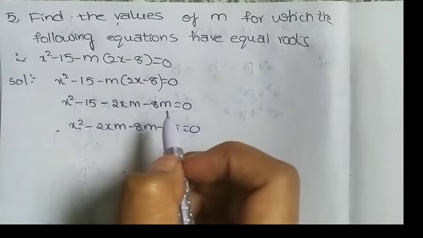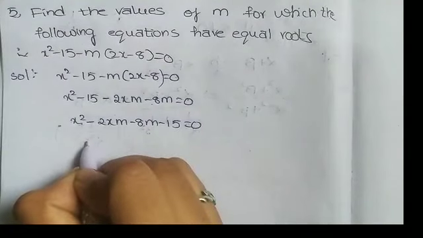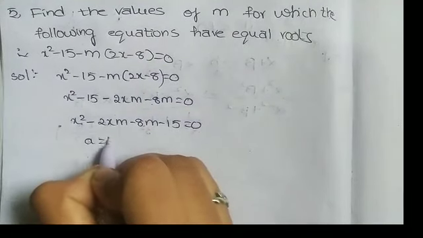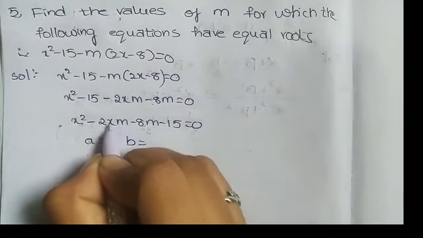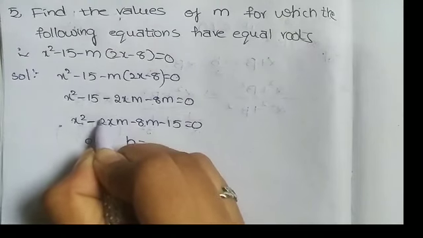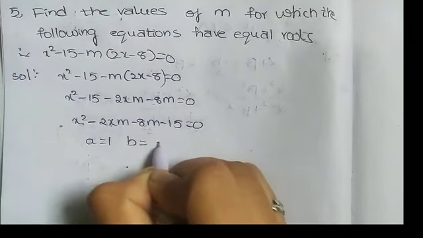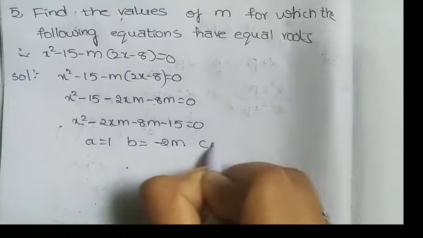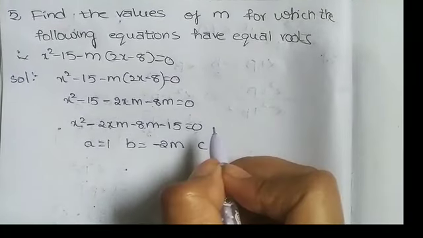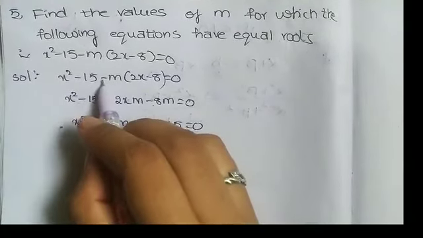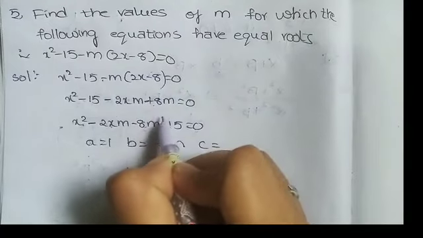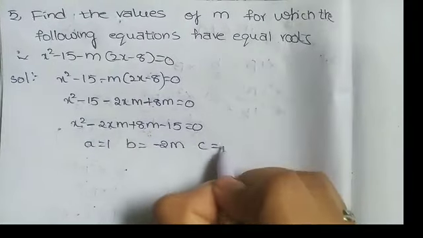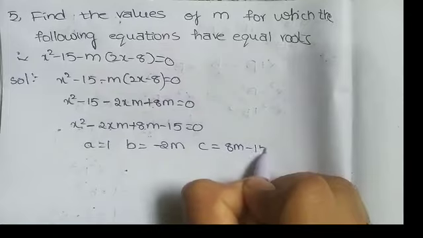So from this, a is equal to 1, b is equal to the coefficient of x, so that is minus 2m, and c is, here we have multiplied with minus, so here we will get plus. So c is 8m minus 15.